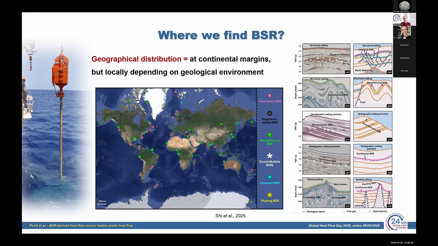Again, the morphology of the BSR is highly variable and will depend on the geological environment. Here is this picture again from the same publication that shows that the BSR normally mimics the seafloor, so it's very continuous, but in some places it can be very local, and it can also form up-domed morphologies, so it's no longer mimicking the seafloor.